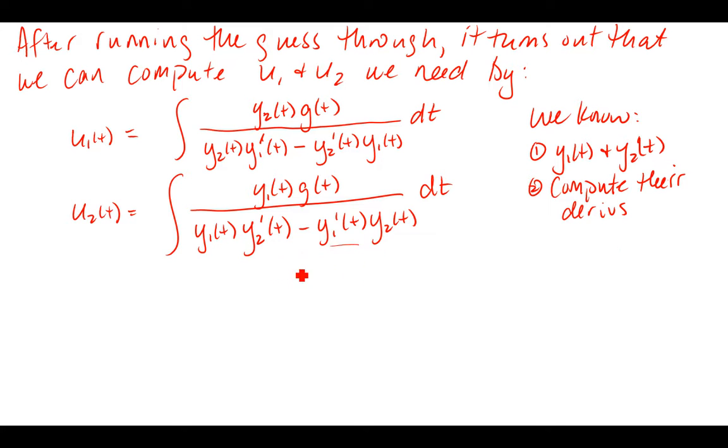We need y1 prime and y2 prime and so on. And we know g of t, that's the right-hand side. So you know all of these things. I know it always looks a little bit awful when you see something gross like this or some formula, but there's 6 things in each of these integrals, and you know all 6, or at the least you could very easily come up with those 6.